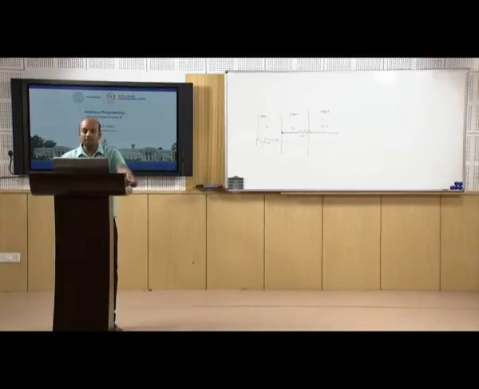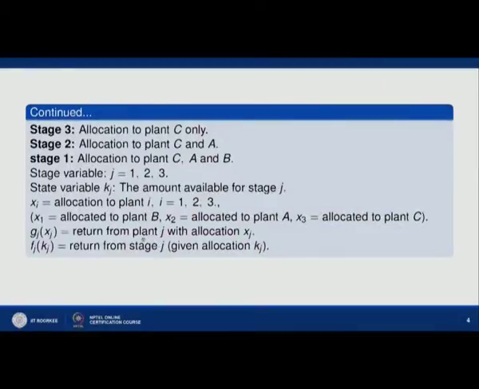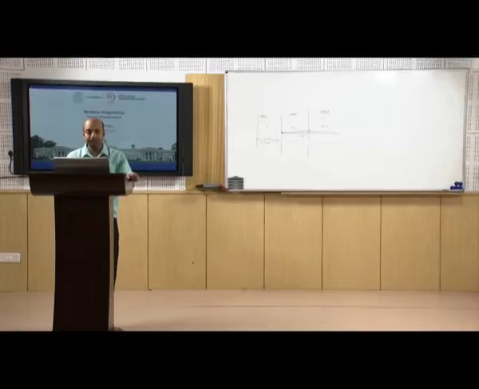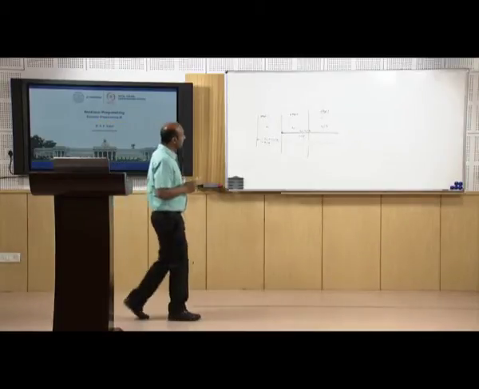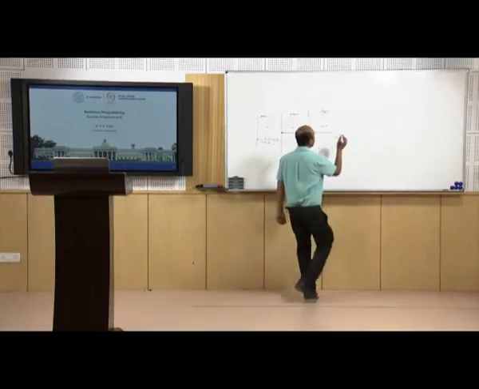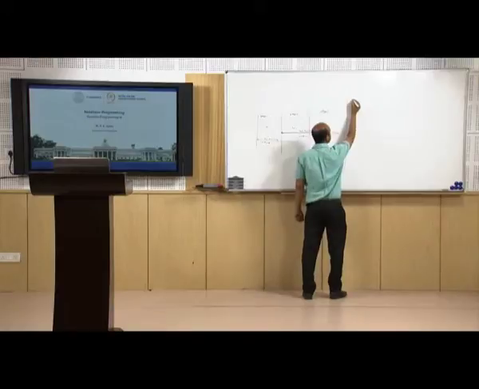Now we define Gj Xj as the return from plant J with allocation Xj. And Fj Kj is the return from stage J. So let us discuss this over here. First we divide this into stages, which we are calling stage J, stage 3.